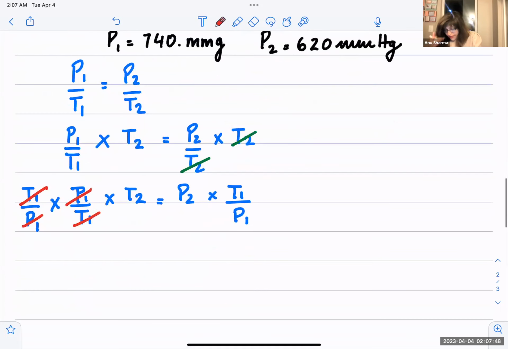So now we have the new formula: T2 is equal to P2 times T1 over P1.